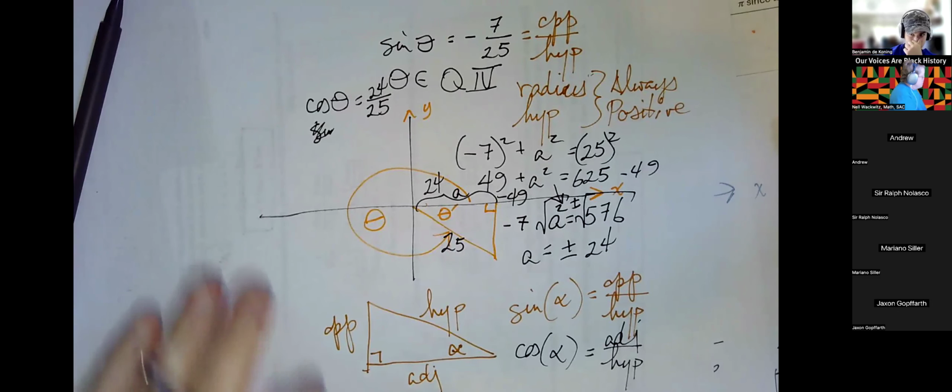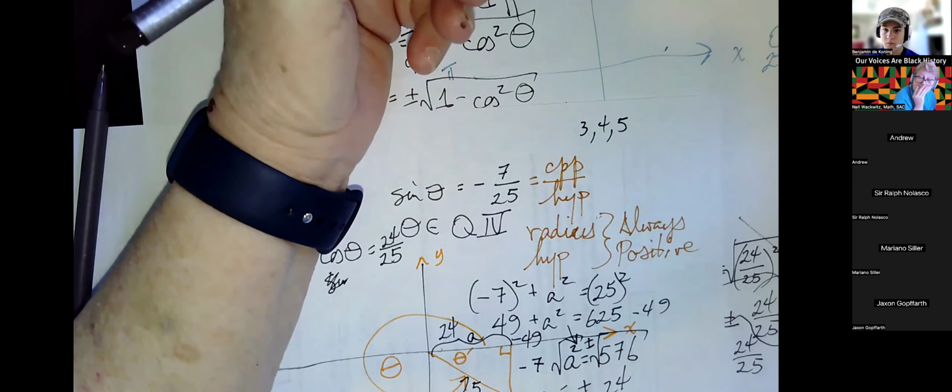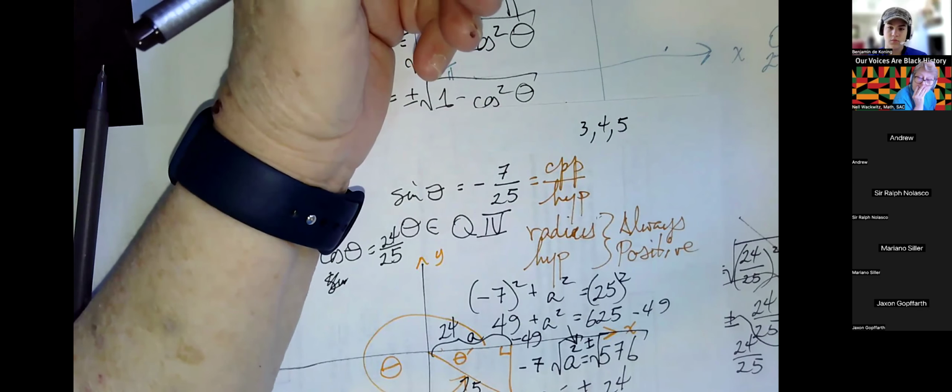It doesn't matter what the angle is here. The numbers that are nice, like 3, 4, 5, what do I mean by nice? What do I mean by 3, 4, 5? 3 squared plus 4 squared equals 5 squared.